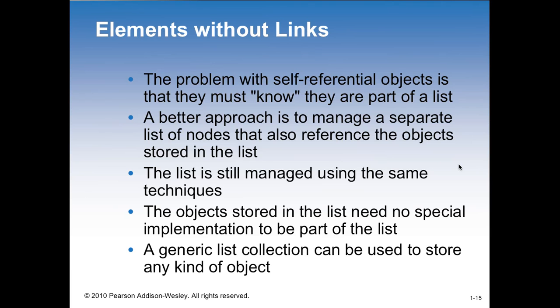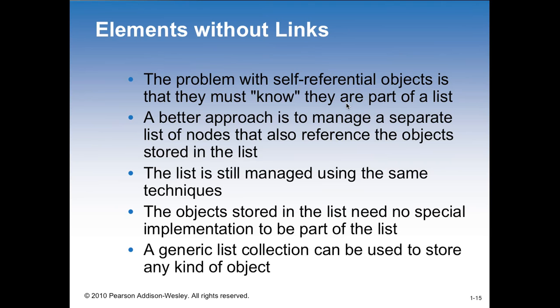A lot more flexible. The problem with self-referential objects is that they must know they are part of the list. Unless you don't tell them that they're part of the list and you make them part of another list, you can have multiple different types of lists and then have the lists come together somehow. Combine the lists, sort the lists. So it's a lot more flexible.